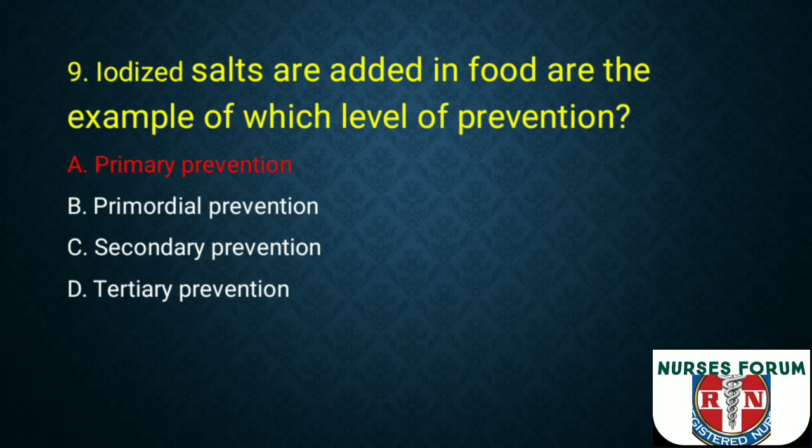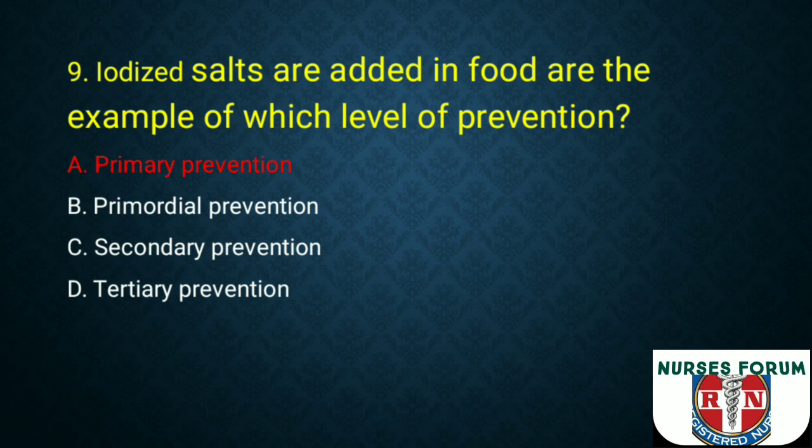Primary prevention is all actions taken prior to the onset of a disease which removes the possibility of occurrence of disease. That is called primary prevention. It includes two parts: specific protection and health promotion.